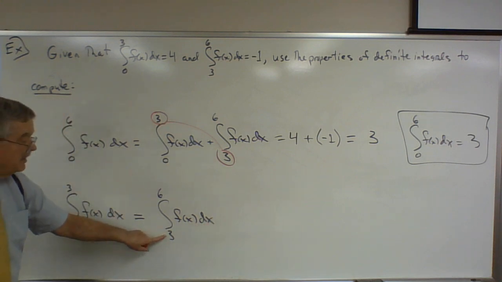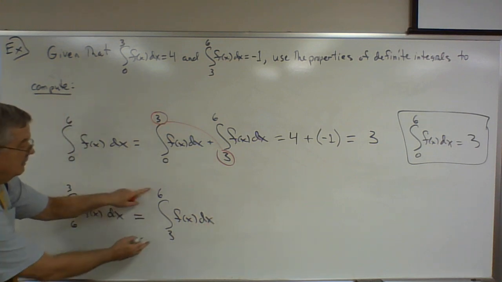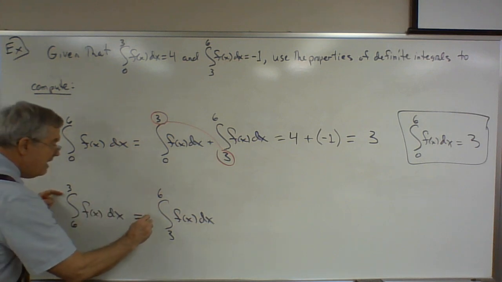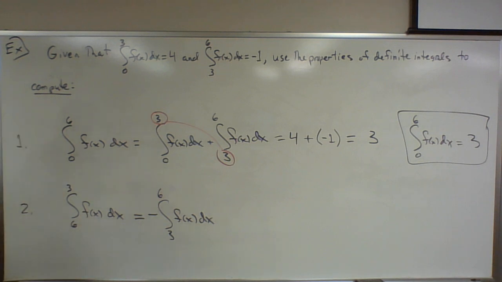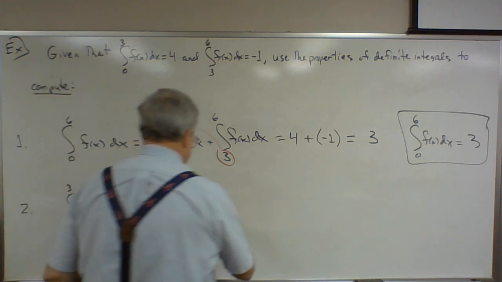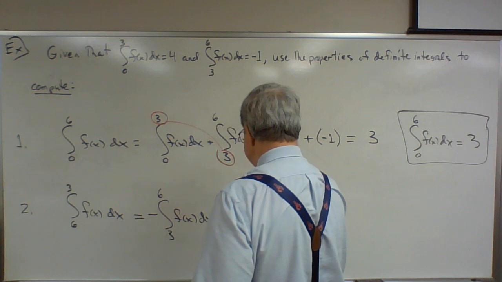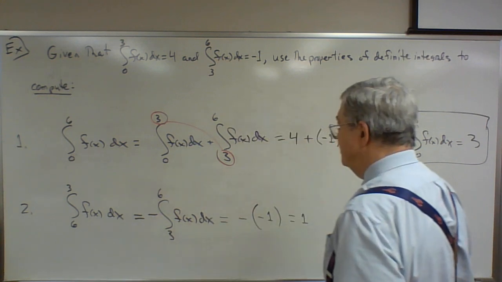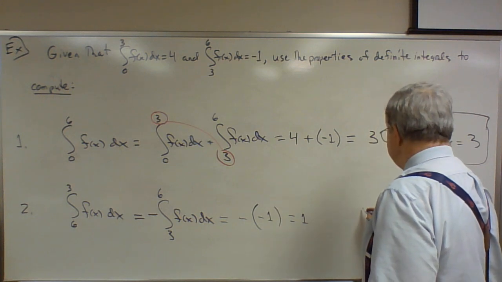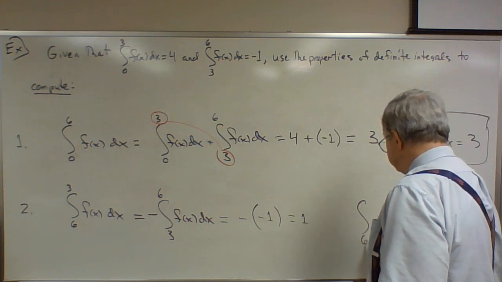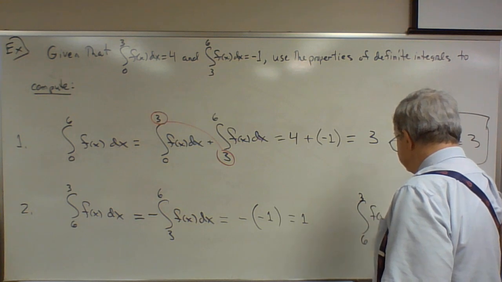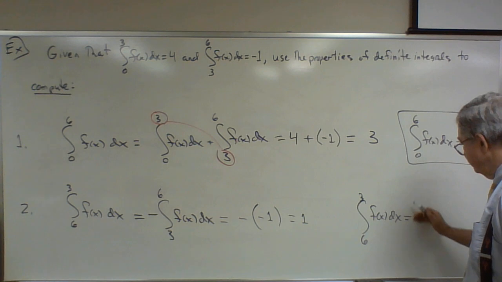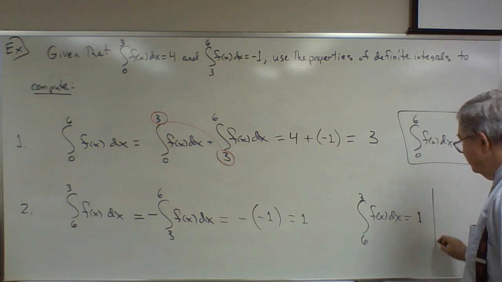If we take this integral and switch the limits, the result is we get the negative of the original. So we're going to get negative -1, which is 1. The integral from 6 to 3 of f of x is equal to 1.